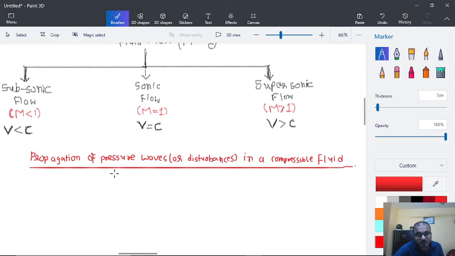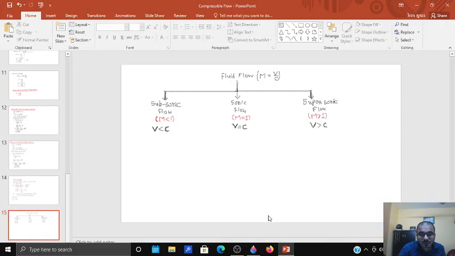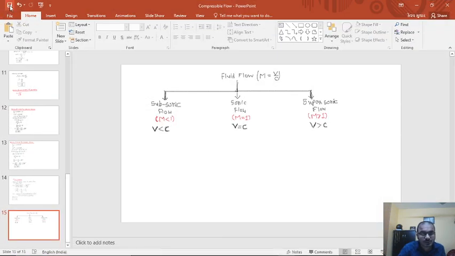That is, we will see the propagation of pressure waves in subsonic flow, sonic flow and supersonic flow. As we are ending this lecture here, we will not have enough time to discuss this part, so we will see this topic in our next lecture.